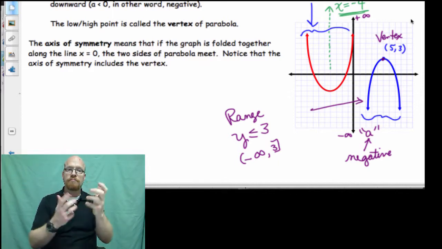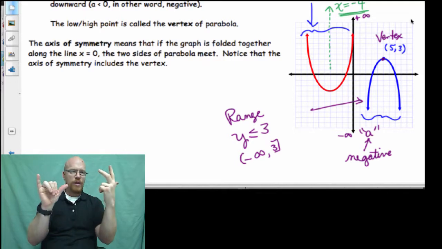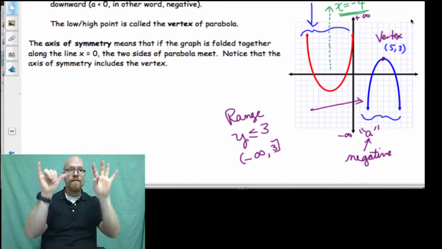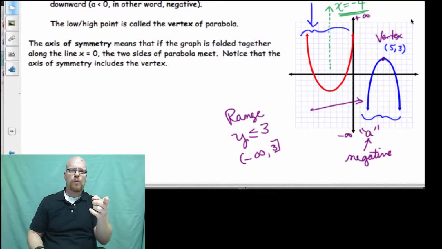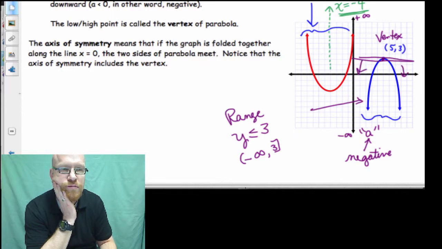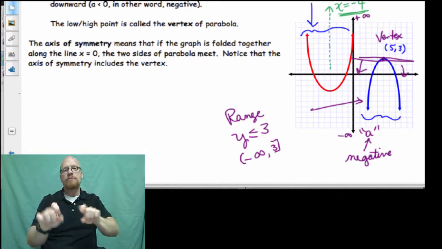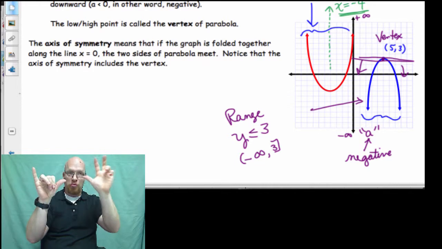So we can discuss the range now. It's y less than or equal to 3. There is no y equals 4 or 5 or 6 for the blue parabola. So the range goes from 3 and below.